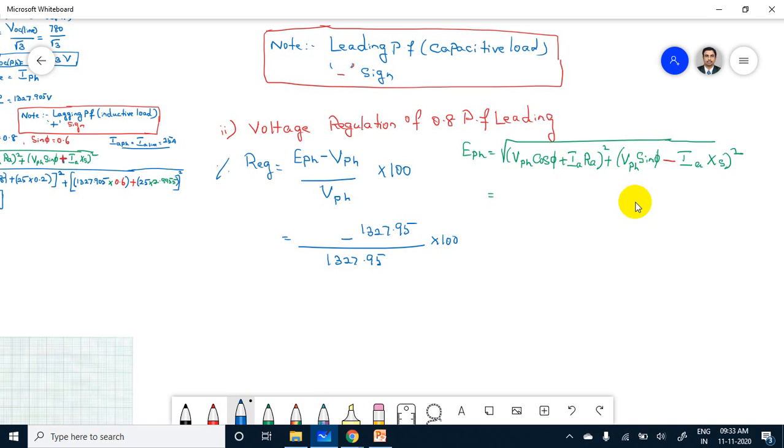Okay, so now substitute all the values. Whatever the values substituted in the previous subdivision, the same values please substitute.